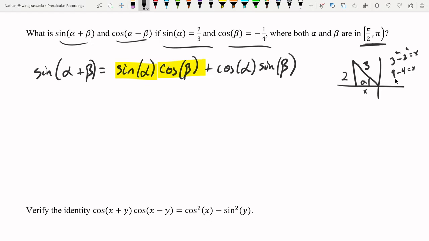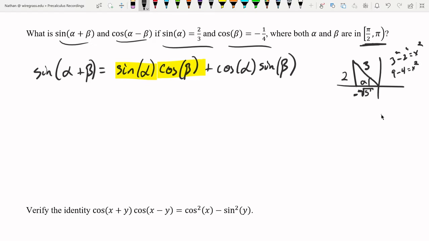That means x equals the square root of 5, and specifically it's going to be negative root 5 because we are in the second quadrant, so it's going in the negative direction. It's not negative because this is a distance, but for the purposes of understanding the signs, it's helpful to have that there.